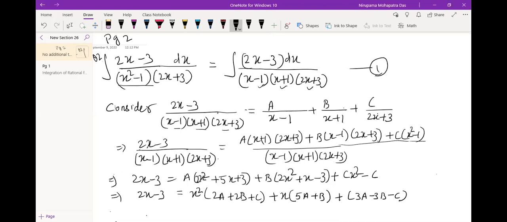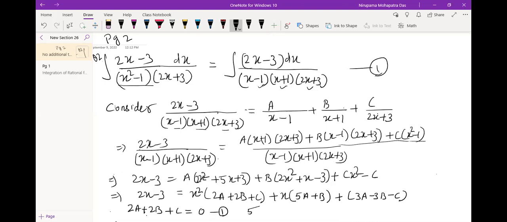Now comparing the coefficients, we do not have an x square term in LHS, and in RHS the coefficient of x square is 2a plus 2b plus c. So 2a plus 2b plus c equal to 0, equation 1.